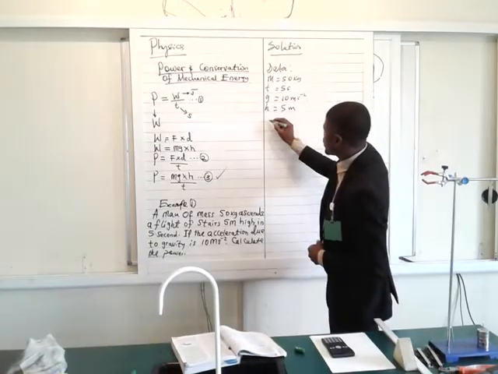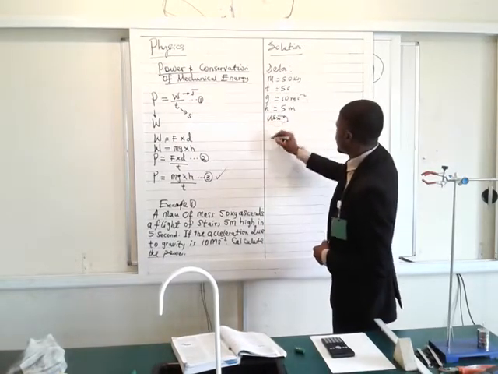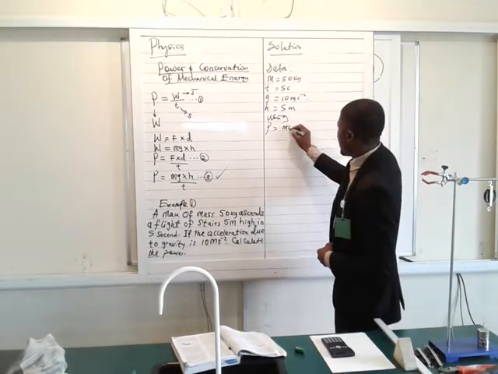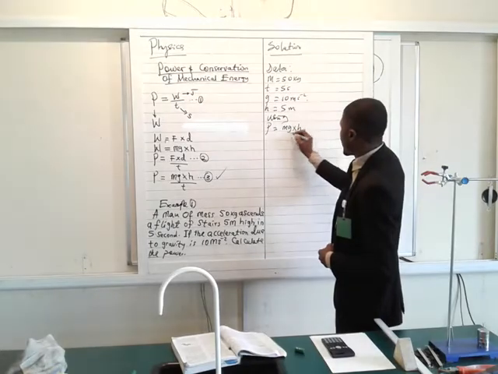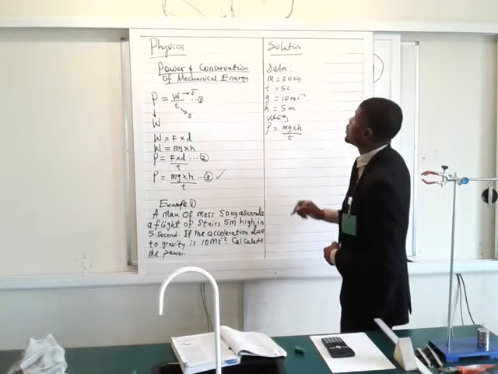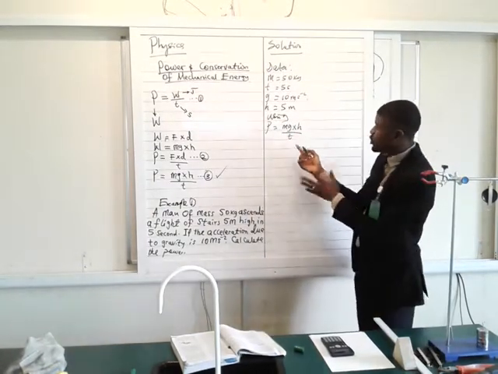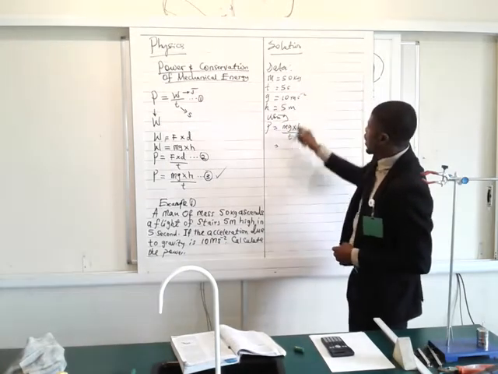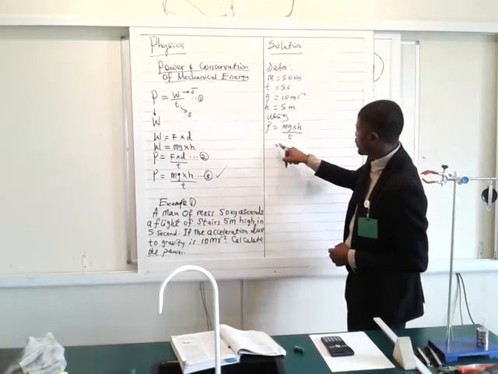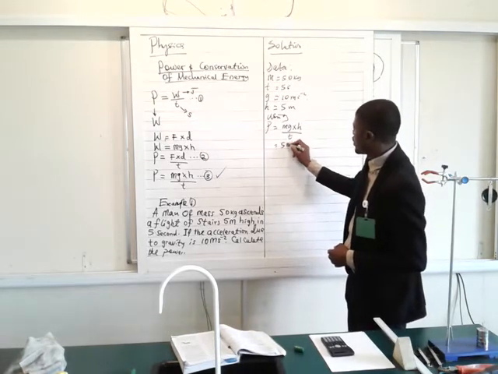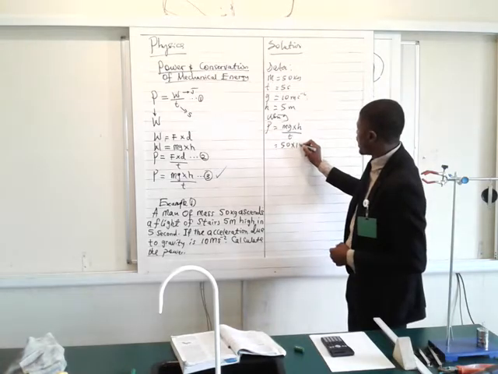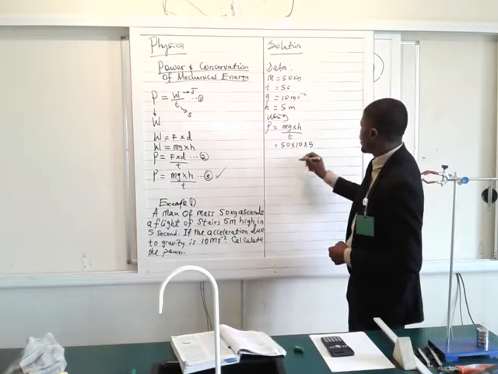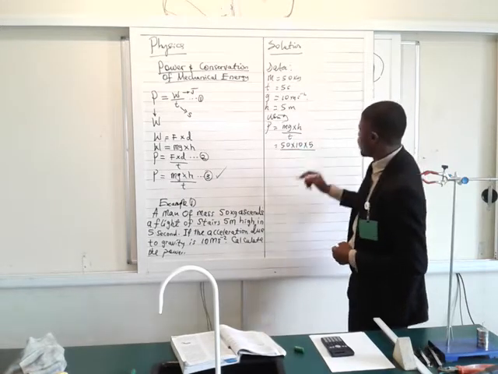And so we state, using power is equal to mg times h all over t. We substitute the variables, and so our mass is 50 times 10 times height is 5 all over what?